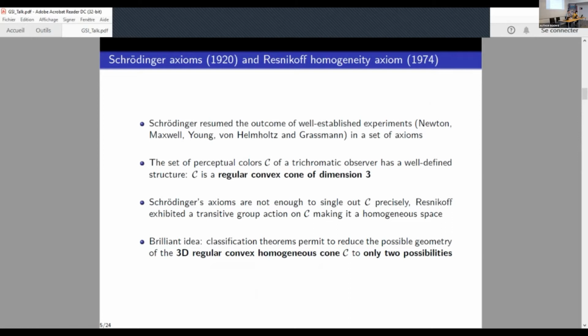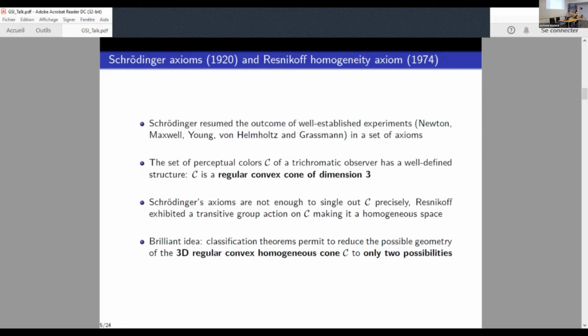We have to wait until 1974 to find another property, pointed out by Resnikov in a beautiful paper called Differential Geometry and Color Perception, in which he exhibited a transitive group action on the space of perceptual colors, making it a homogeneous space.